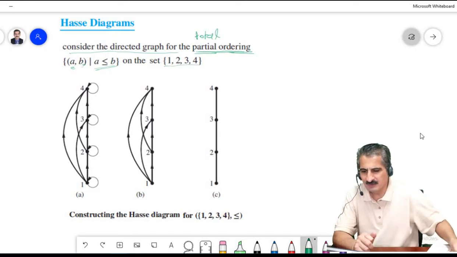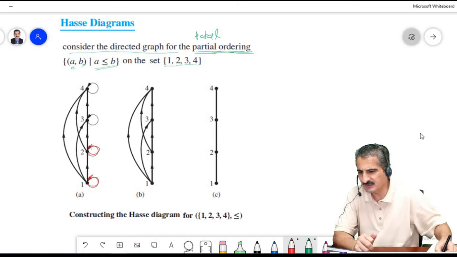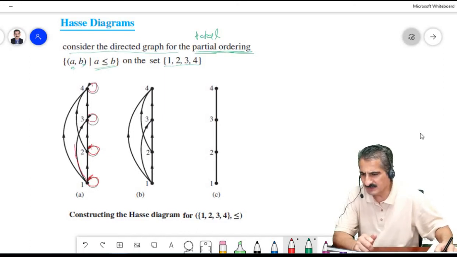Okay, look at the left. What does it say? 1 is related to itself, 2 is related to itself, 3 is related to itself, 4 is related to itself. 1 is related to 3, and it is related to 2, and it is related to 4. This is too much complication, too many lines.